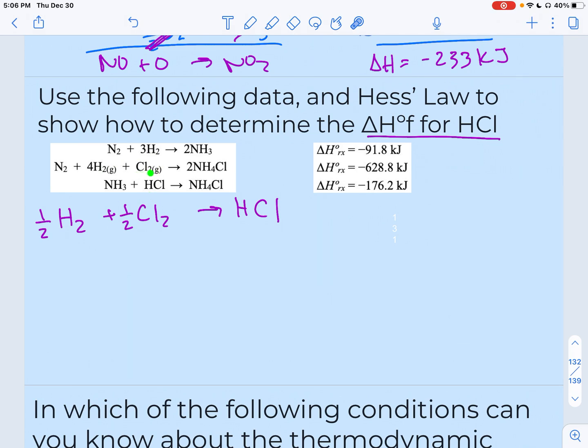You could start with Cl2. That's also only in one place, but I'm just going to start with HCl. And what you'll do to this one is just flip it. So I would take this, and then my delta H will be the same thing, but positive.